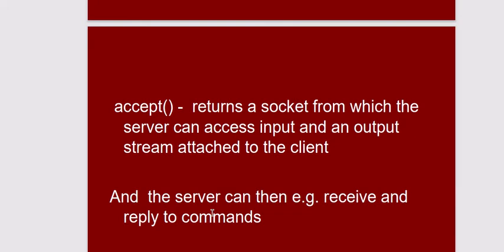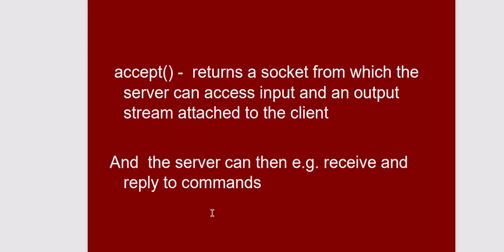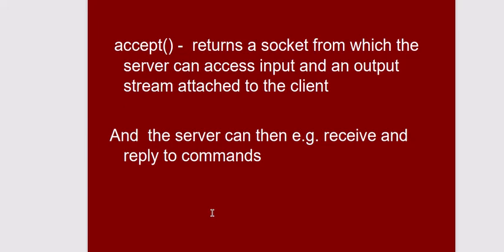The method accept returns a socket from which the server can access the input and output stream attached to the client. And at that point in time, the server can then communicate with me. So we've established TCP internet communications.